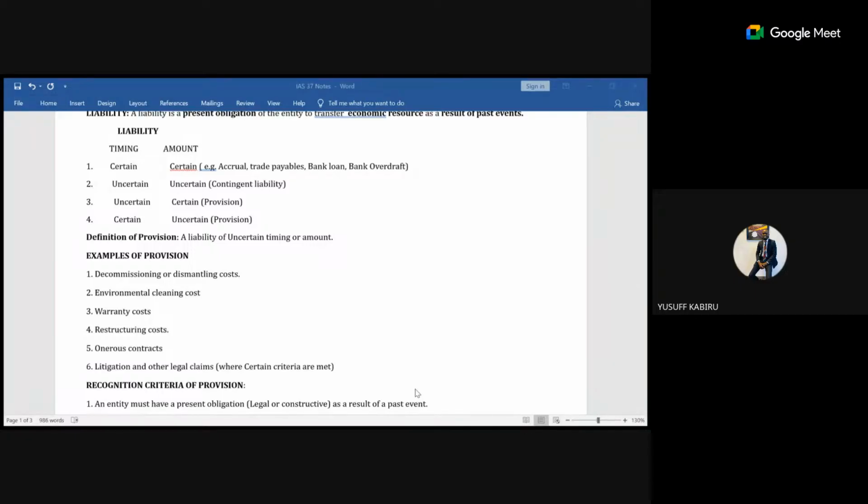Now, do you know that IFRS 16, which is lease, says what? That since you are leasing that asset, IFRS 16 says that I should recognize it as an asset, a right of use asset.